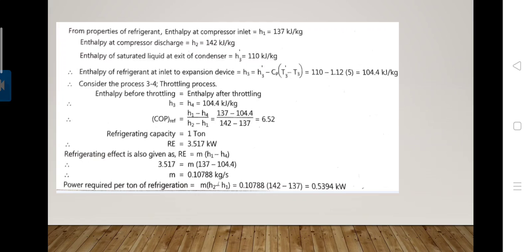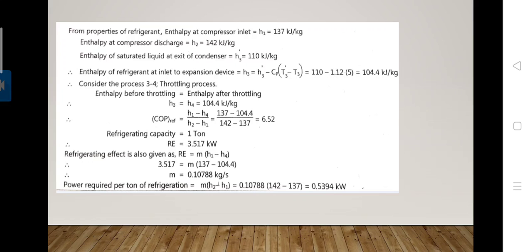So H3' is equal to H4, which is 104.4. The COP of the refrigerant is equal to (H1 − H4) divided by (H2 − H1). Putting the values of H1, H2 and H4, we get the COP of the refrigerant as 6.52.